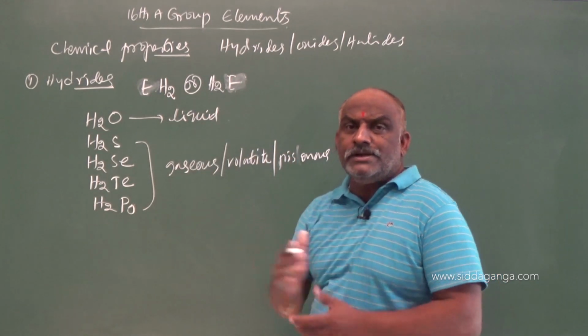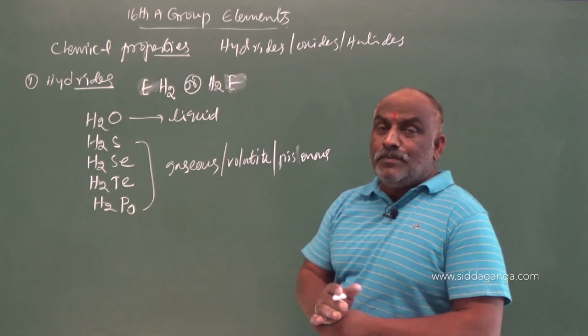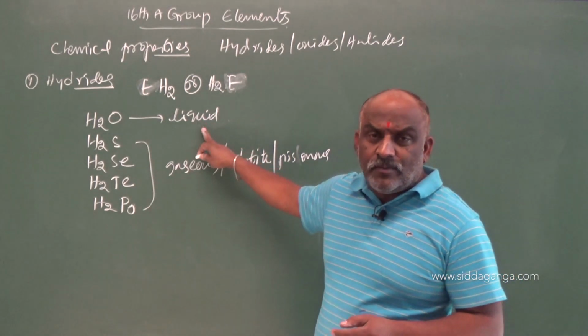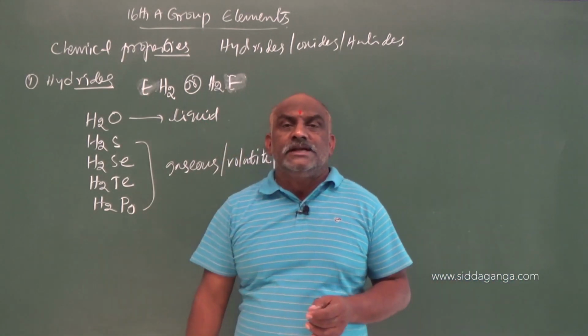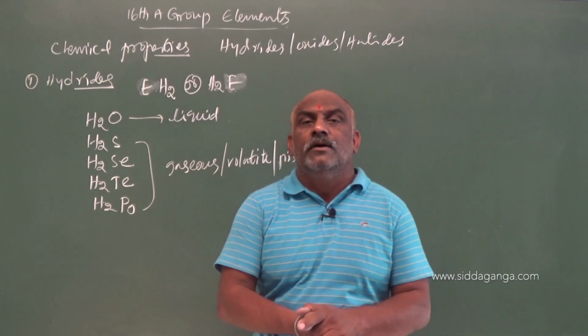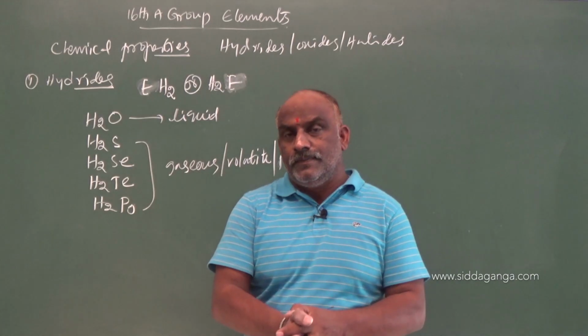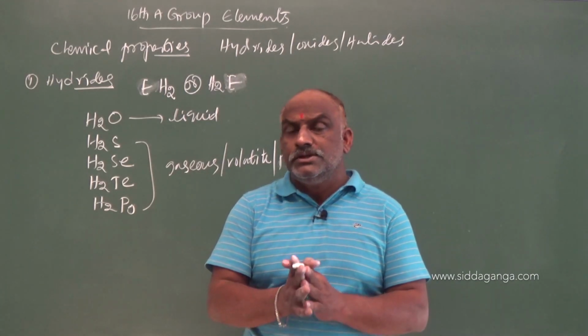Down the group boiling point decreases. The abnormal boiling point of water and its non-volatility can be explained by intermolecular hydrogen bonding. My dear students, make a note, this is very important.